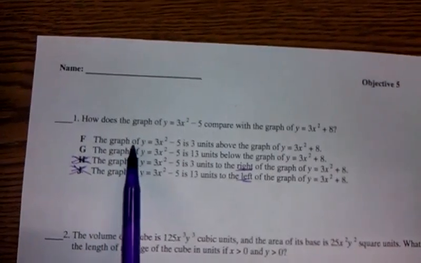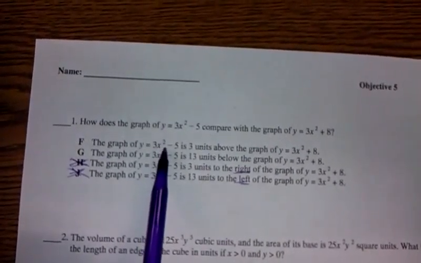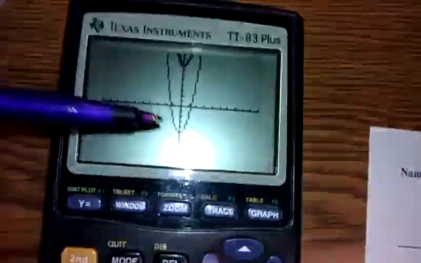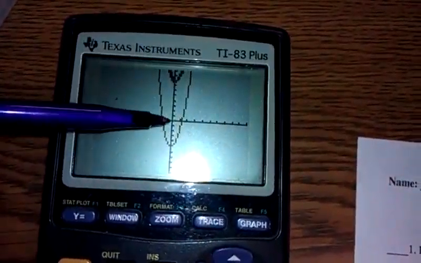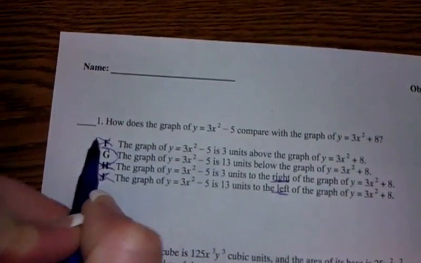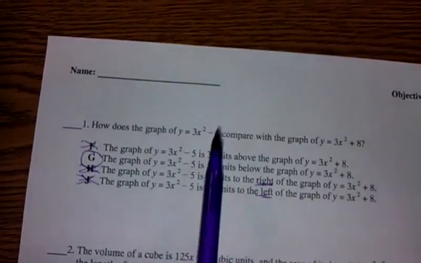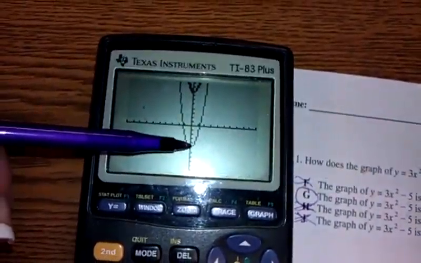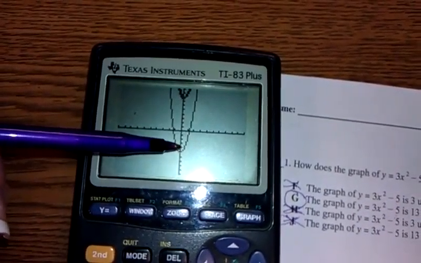The next one says the graph of 3x squared minus 5 is 3 units above the graph. Wait a minute. That's nowhere close to 3 units above anything. So it's not this, so it must be G. Yes, it's saying that the minus 5 one down here is 13 units below, and if you counted them all, it is.